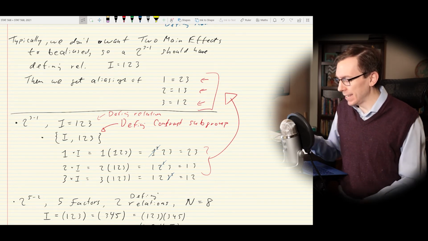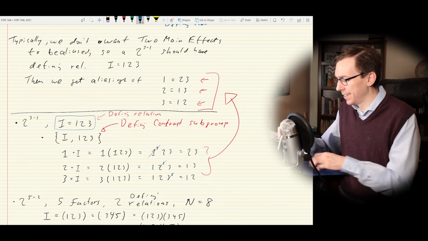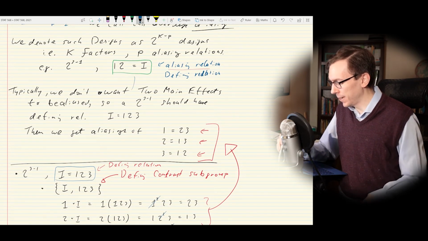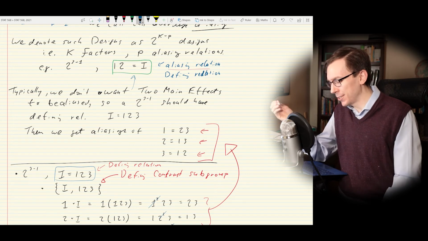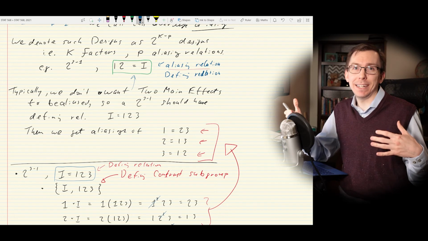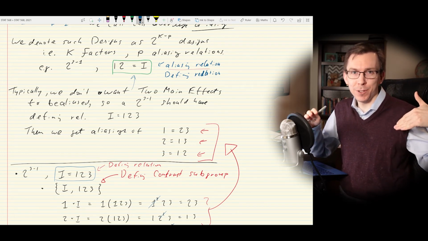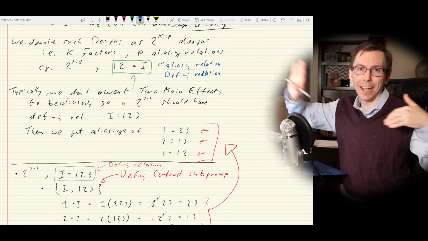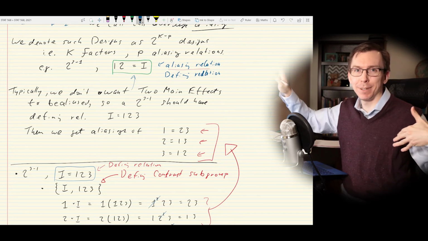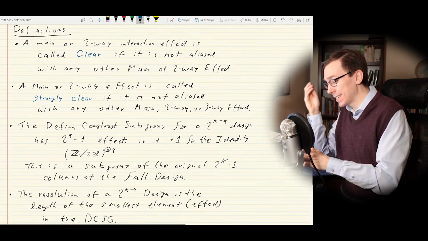So this one is actually better than this one up here in green, because it's resolution 3 versus resolution 2. Higher resolution means lower order terms are aliased with higher order terms. The higher the resolution, the more of a gap there is, and the more desirable the design is.